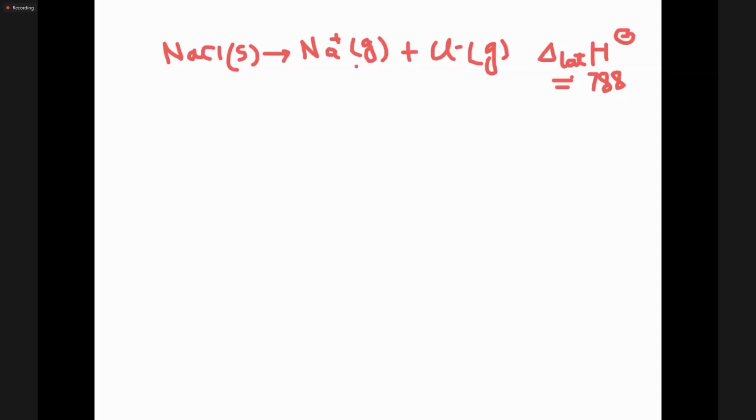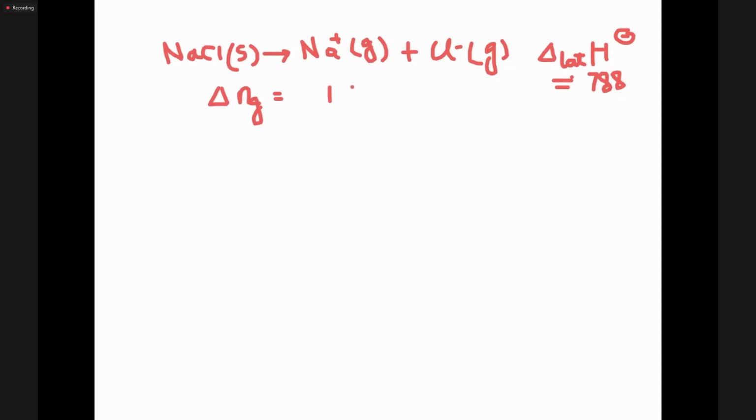So this equation is balanced, and if you calculate the delta Ng for this reaction, I guess you will be able to tell what delta Ng is here. We take the coefficient of the gaseous components in the products minus the coefficient of the gaseous components in the reactant. So Na plus coefficient is 1, Cl minus coefficient is 1, because both are gaseous, and we have NaCl solid, where we have no gaseous component.